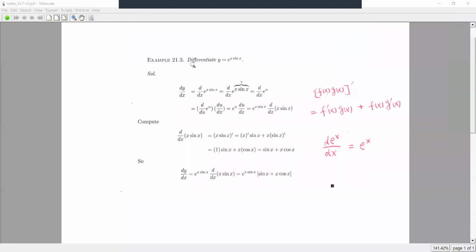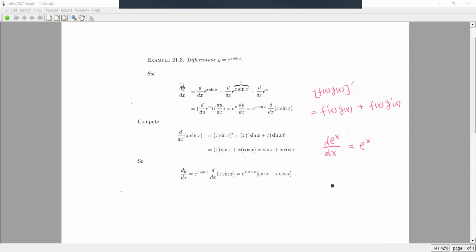Example 3. Differentiate this function. The power in this function is x times psi of x, not just x. So we cannot directly apply this formula to compute the derivative.